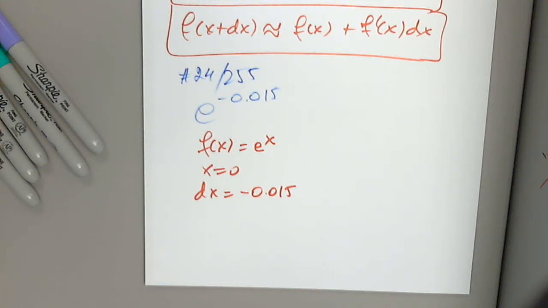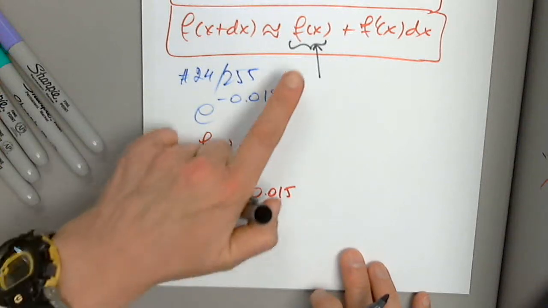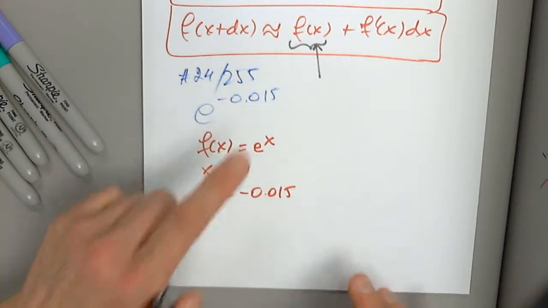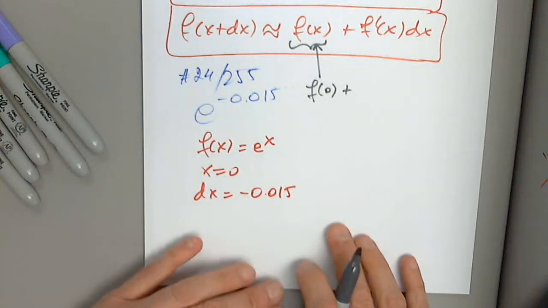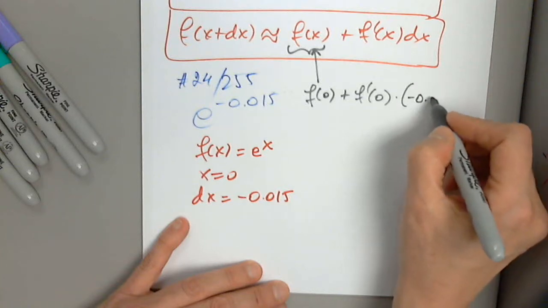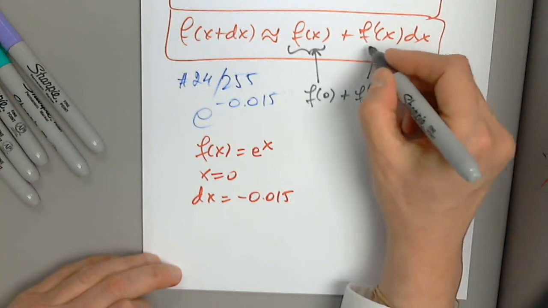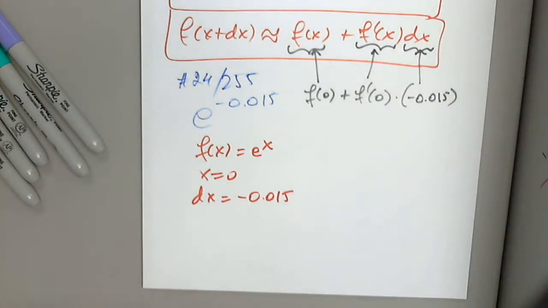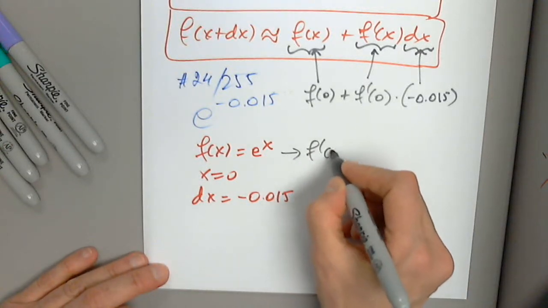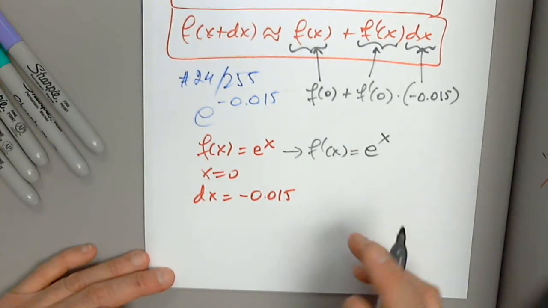Now I have to discover the right-hand side. So what will this be? It will be f of 0, right? This will be f of 0 plus f prime of 0 times dx, which is negative 0.015. So this is this piece, and this is this piece. Almost there. I need to find f prime of x, which luckily is e to the x.